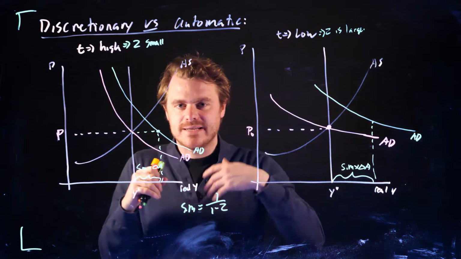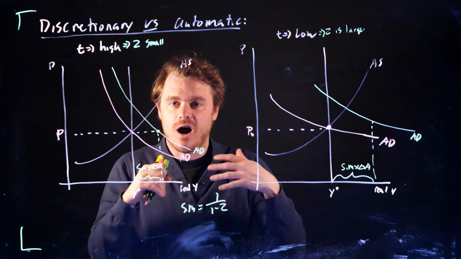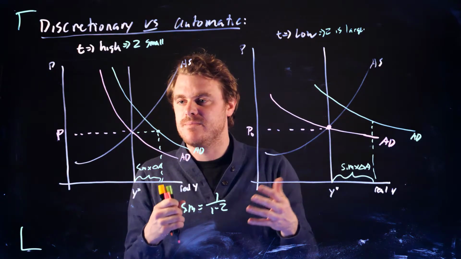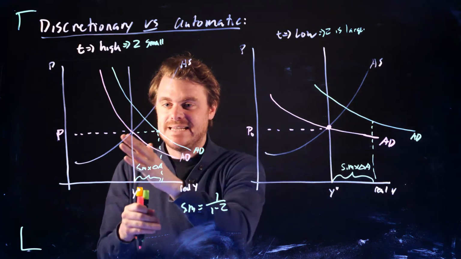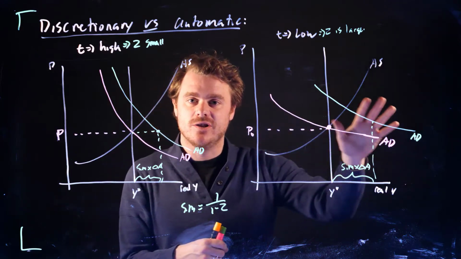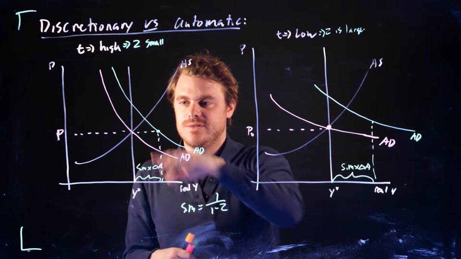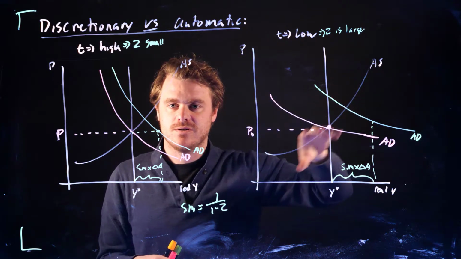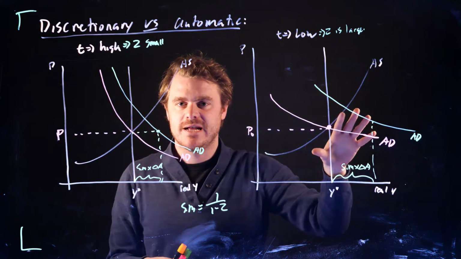So that's why we consider these tax rates to be automatic stabilizers. They're automatically built into our system, and what they do is they dampen these shocks. They don't make these shocks as extreme as if you had a low tax rate. So the business cycles will be much less extreme than what's going to happen over here.